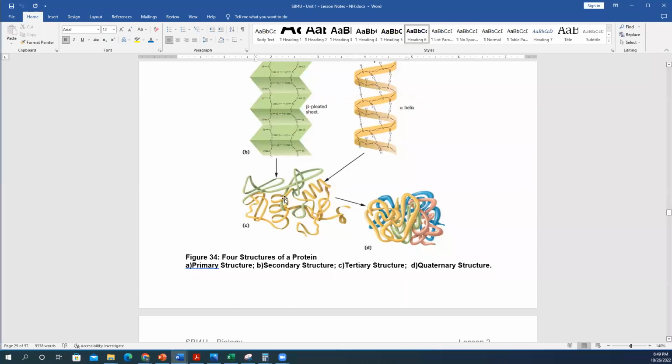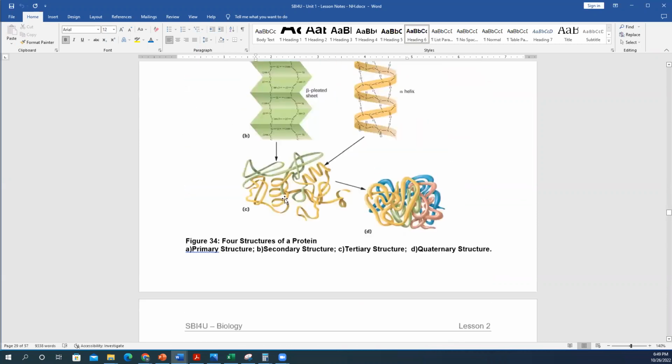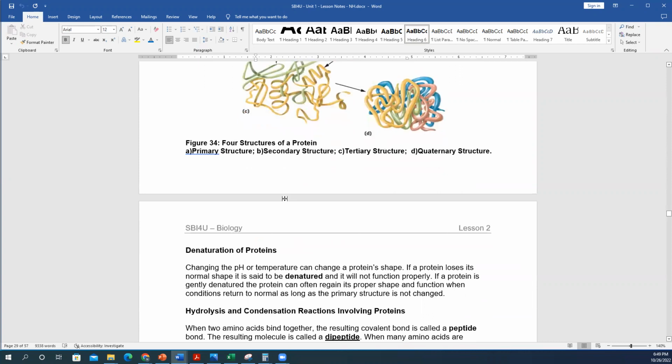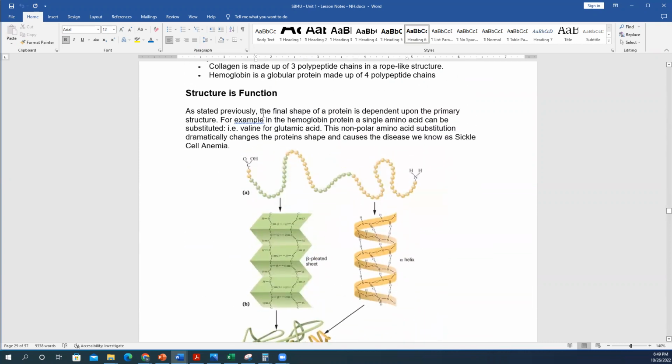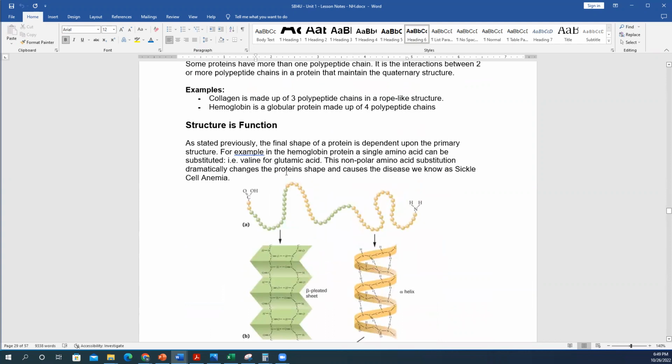So if you disrupt your protein's structure, you have oftentimes disrupted your protein's function. So in proteins and enzymes, structure and function are very tightly related. And a good example of this we talked about was in sickle cell anemia.